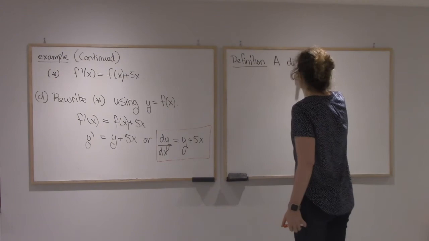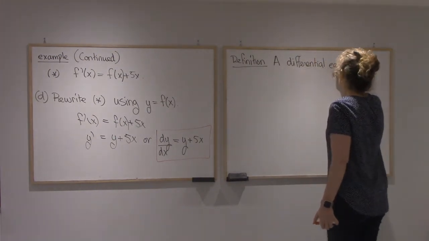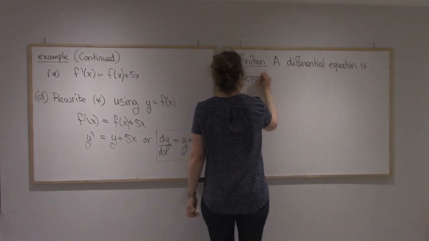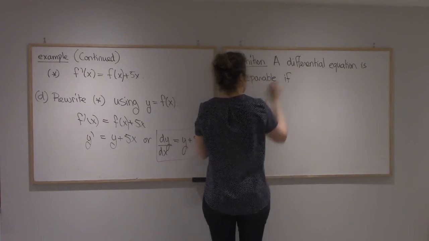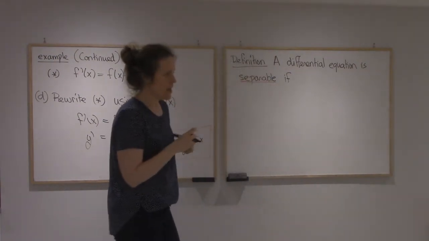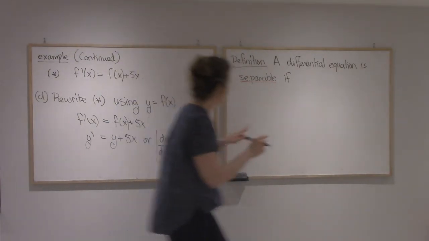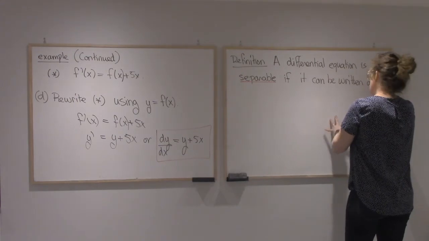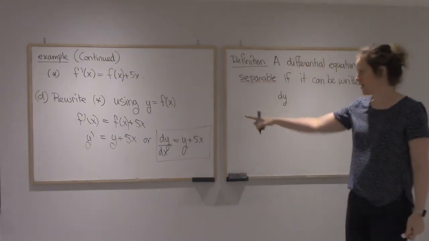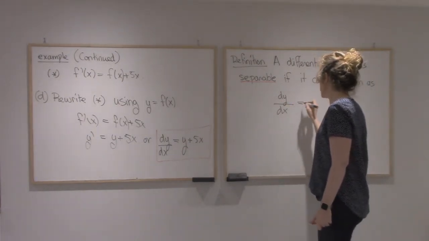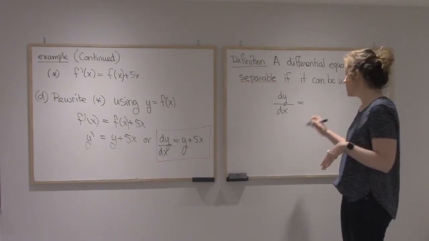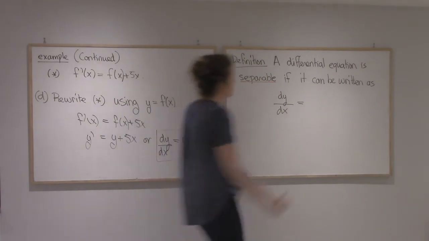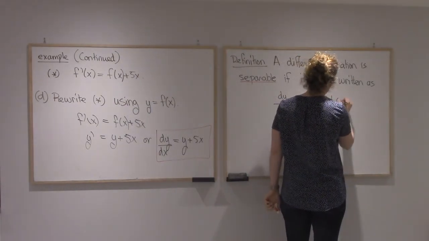So a differential equation is called separable if it can be written as dy over dx, where y is your function, equals a product of two functions, one that only involves y and one that only involves x. So let's just say g of y times h of x.